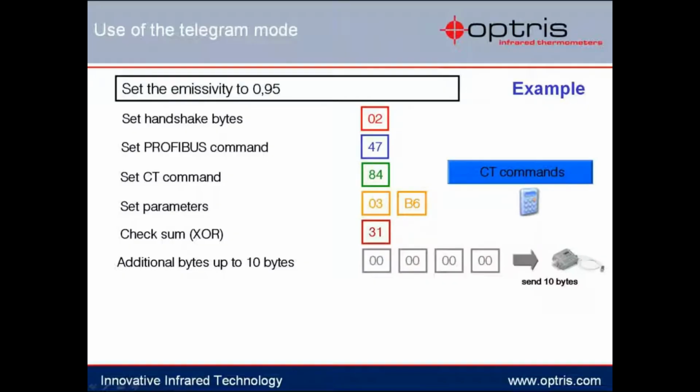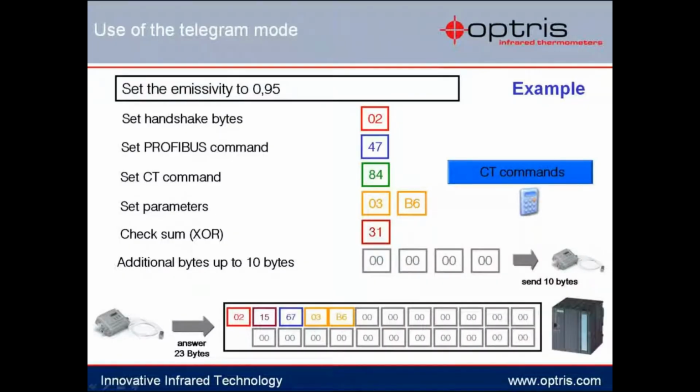The temperature sensor answers immediately with an answer telegram consisting of 23 bytes with which the changed emissivity will be confirmed. The confirmation looks as follows. The first byte hands back our so-called handshake byte. In our case, it's 02.